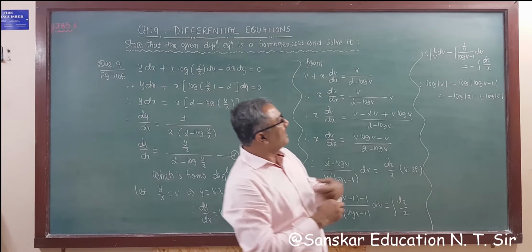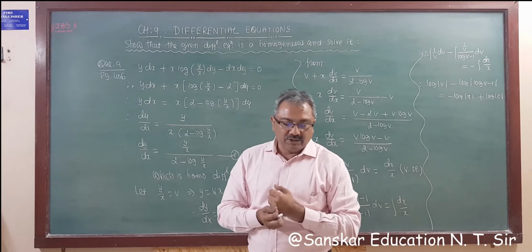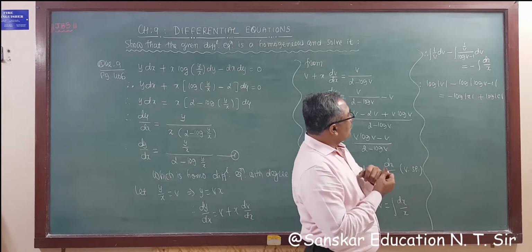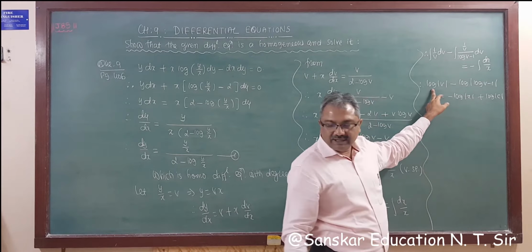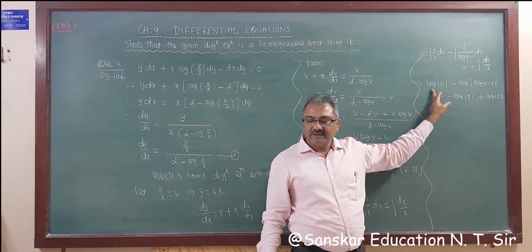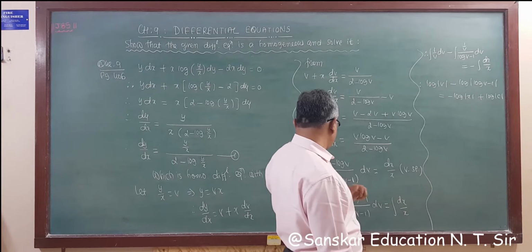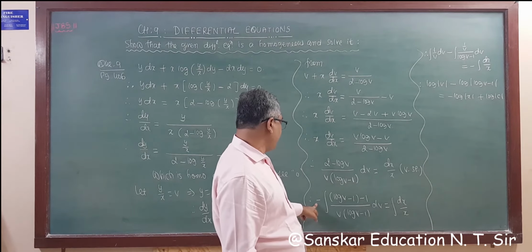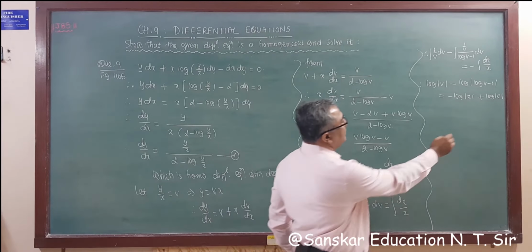Minus log, derivative of denominator is in numerator, because derivative of log v is 1 upon v, that you know, right? So taking these two here, what we get? Log v, right? And here if we bifurcate this, multiplying, taking minus 1 to the opposite side, everything is right?